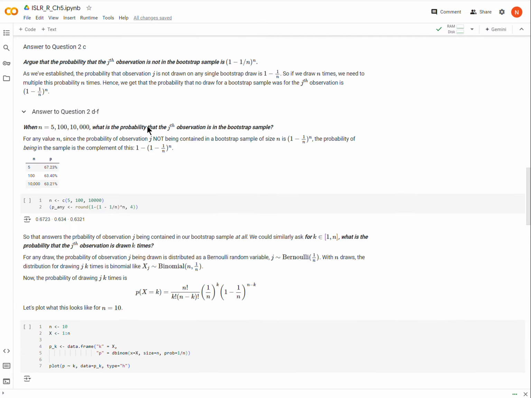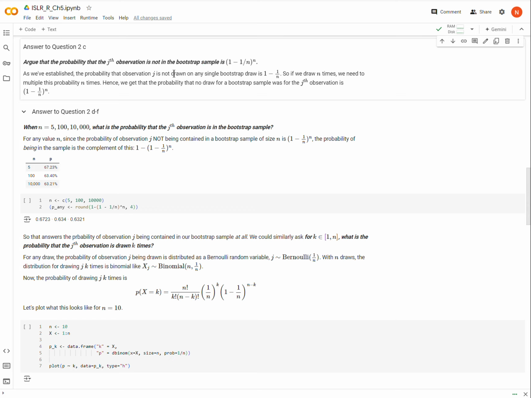Okay. Part C. Argue that the probability that the jth observation is not in the bootstrap sample is this right here. Okay.